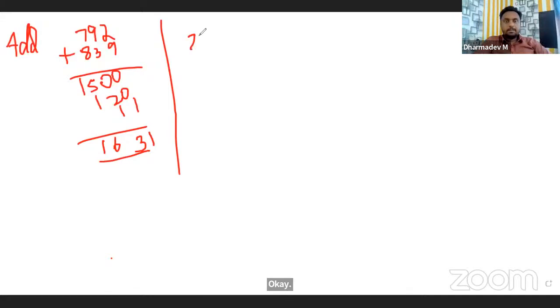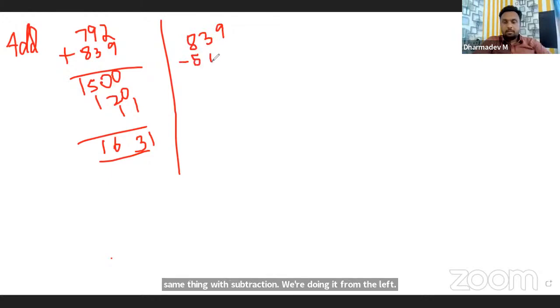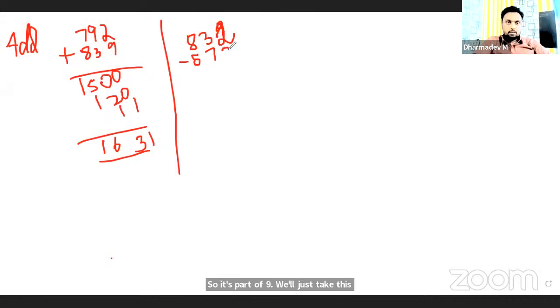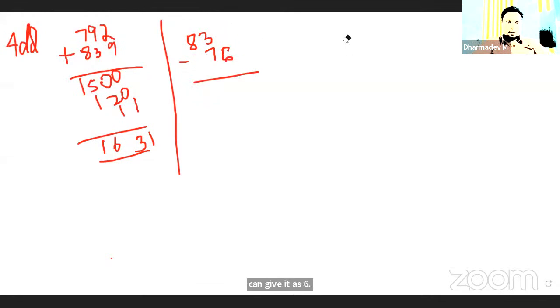The same thing with subtraction. We're doing it from the left. So I'll just give you with the regrouping itself. Instead of 9, we'll just take this as 2, and this we can give it as some 6. Just to recap, this is ending with 2.